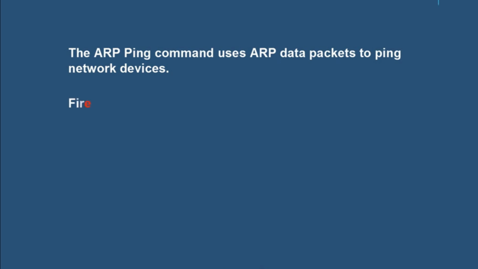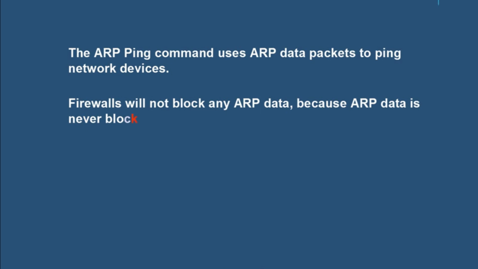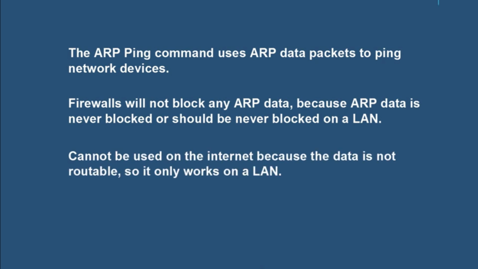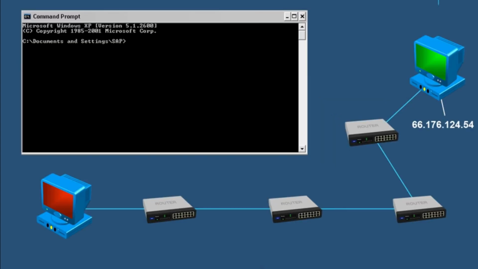For the ARP ping utility, if you want to check a device using the regular ping command and you fail to get a response because the firewall blocked all ping requests, you can use the ARP ping command. Instead, the ARP ping command uses ARP data packets to ping a network device.